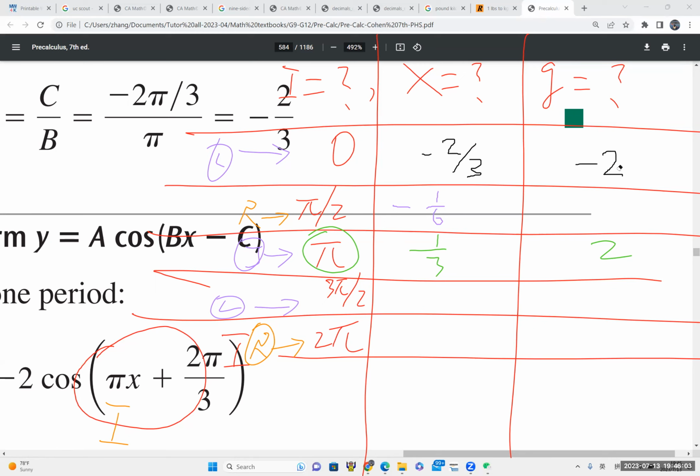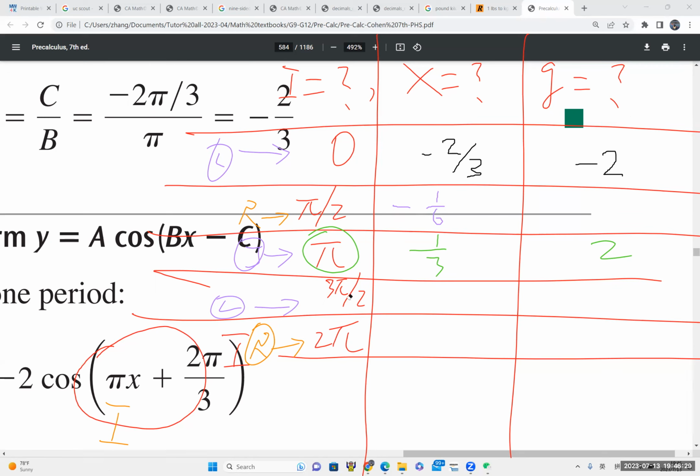Wait, can you repeat that again? Sorry. You say this input equal to 0, right? Then cosine of 0 equal to 1, correct? Then keep multiplying -2. See here. So you get -2. It's correct. Now you do this.